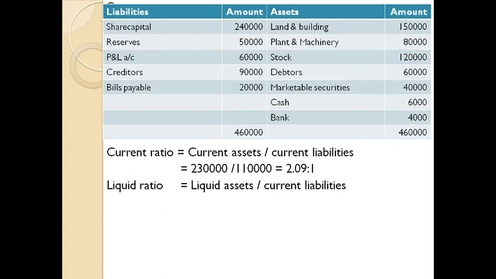Next one. Second ratio is liquid ratio, that is liquid assets divided by current liabilities. What all items come under liquid assets, you all know. You can either take current assets minus stock minus prepaid expenses or directly go for liquid assets.